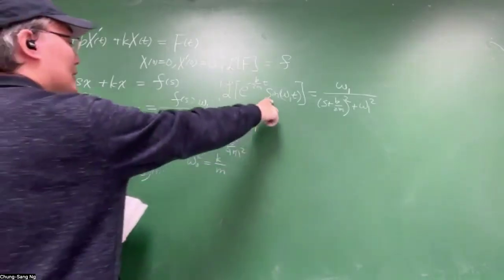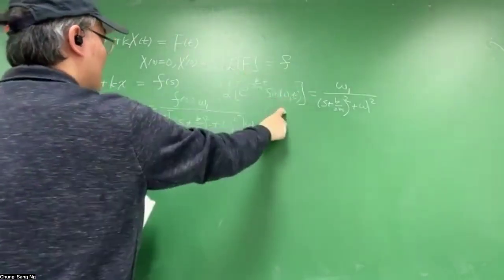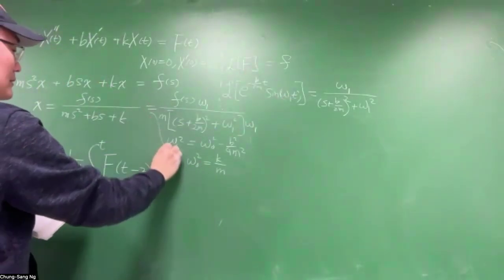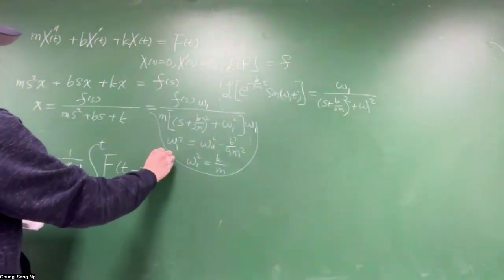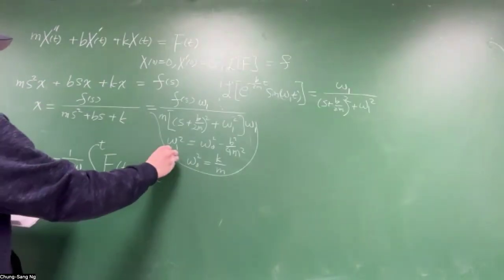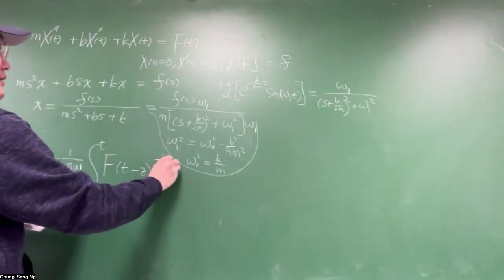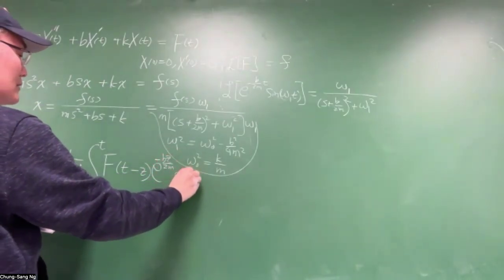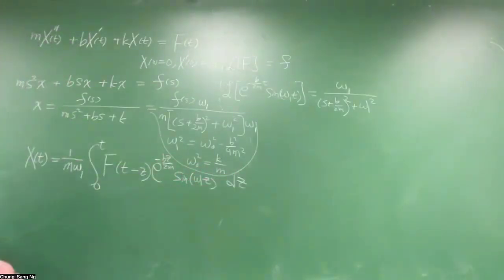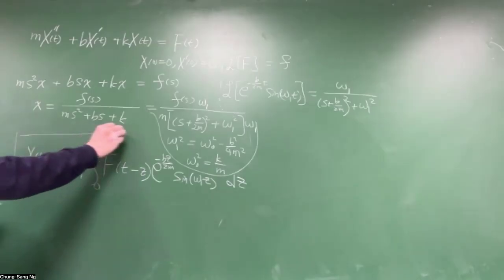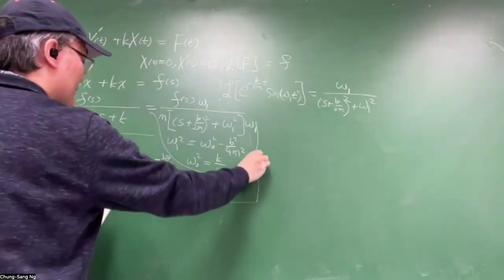And then the other is just this one, which is multiplied by e to the minus b, the integration variable tau over 2m, sine omega 1 tau. Okay, so that would be the formal solution in terms of the convolution. Right?